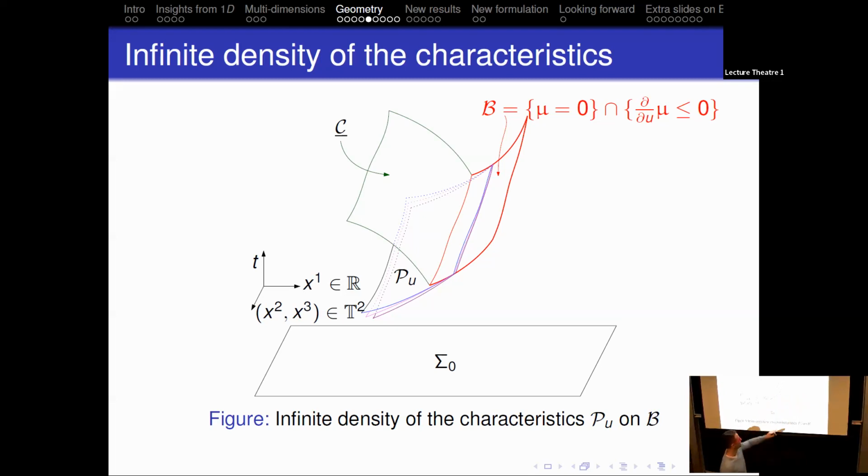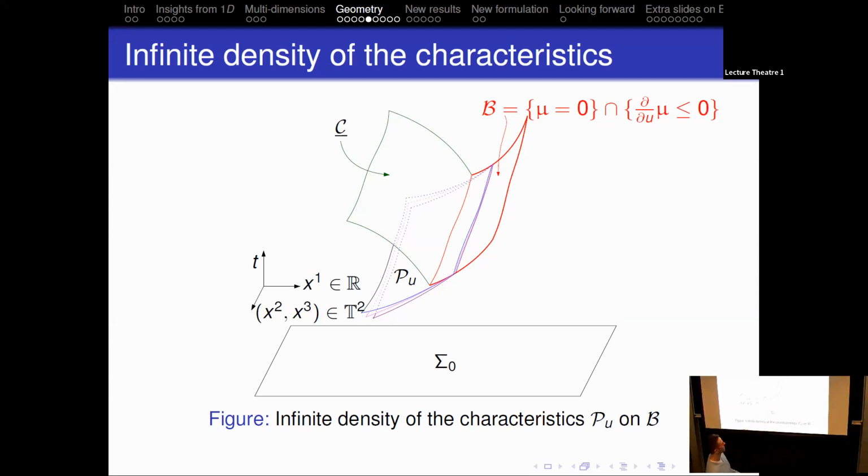There's some very interesting characteristic geometry and causal analysis that goes into understanding exactly why this is the right portion of mu equals 0 that's physically relevant. I don't have time to get into those details, but I can tell you that the other portion of mu equals 0, where the u derivative of mu is positive, corresponds to the fictitious portion of the singular boundary that I drew in dotted lines in the 1D picture.